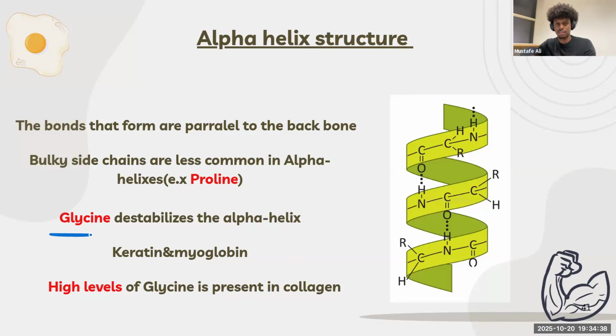So all I need you to know is that proline and glycine are not present in alpha helices, the hydrogen bonds that form are parallel to the peptide backbone, and there are high levels of glycine in collagen. If you know those points, you'll be good to go on alpha helices.